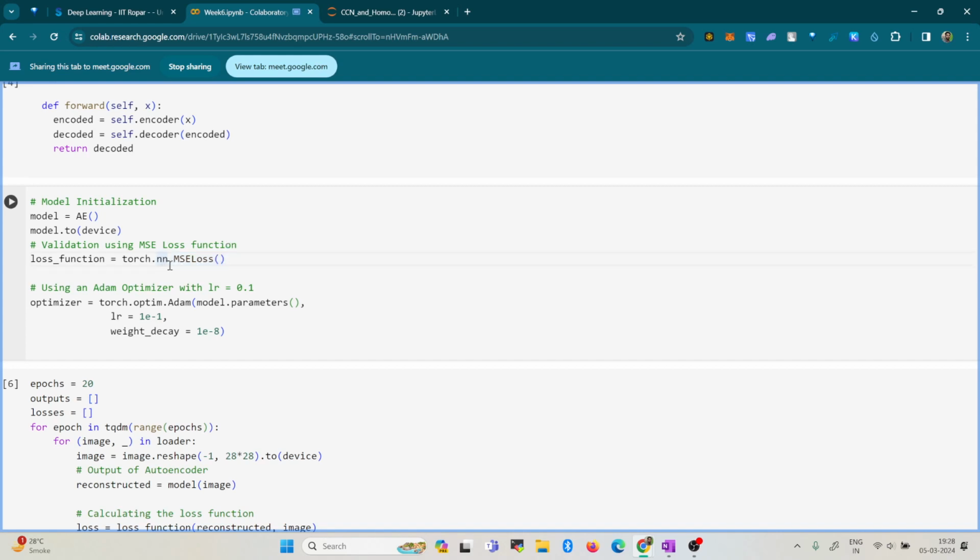Now I want to replace it with cross entropy loss. How would I replace it? You just type on Google cross entropy loss PyTorch. It will give you the exact library where it is present. For example, this mean square error loss was present in the torch.nn module, so you can use that.